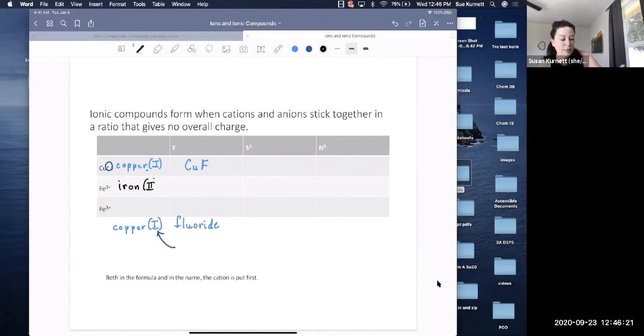Because iron 3 is a possibility, we need to know which one we're talking about. So iron 2 ion is going to need 2 fluorides to make the compound. And we call it iron 2, that's the cation, space, fluoride, that's the anion. That's the name, iron 2 fluoride.